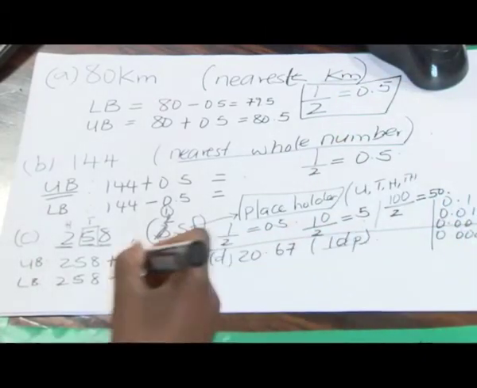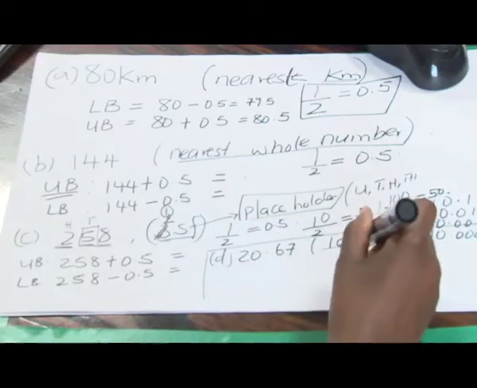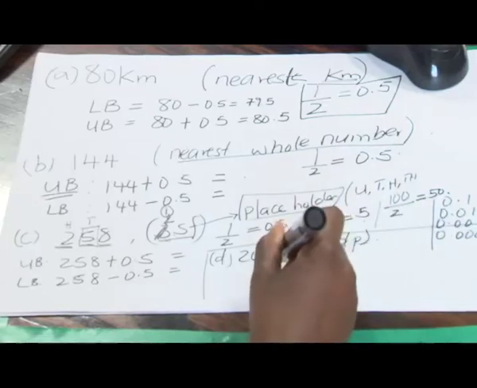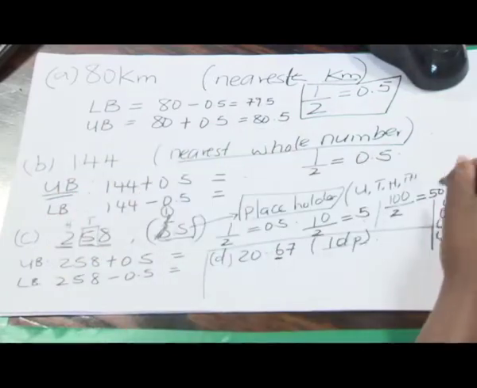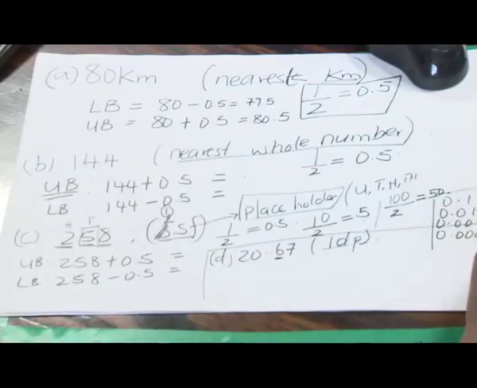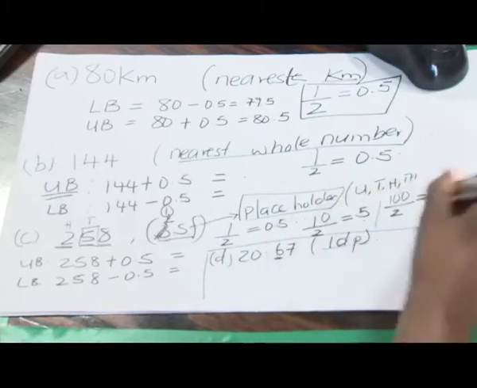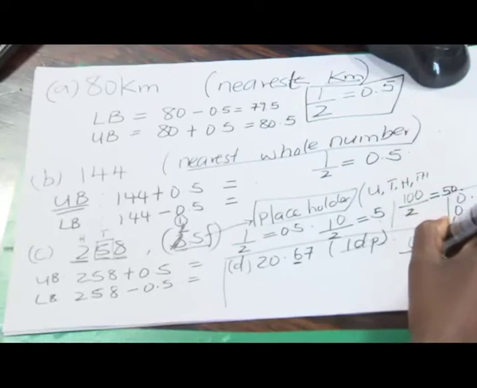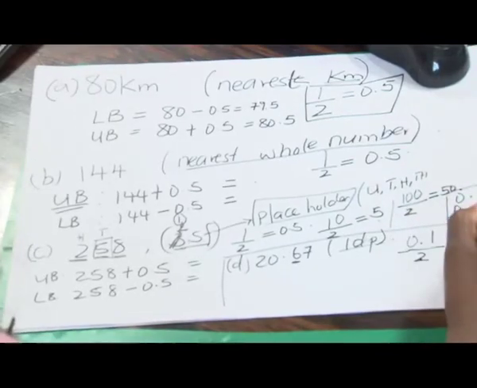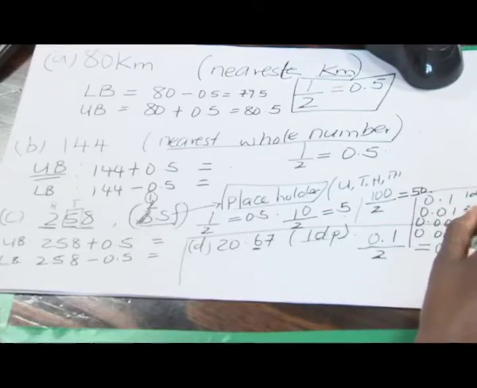Okay, now for this number 20.67 to 1 decimal place. 6 is my first decimal. As I said, for decimal places, we follow this. So if it's 1 decimal place, we use 0.1. 0.1 divided by 2, we always divide it by 2. Then we get 0.05, right?